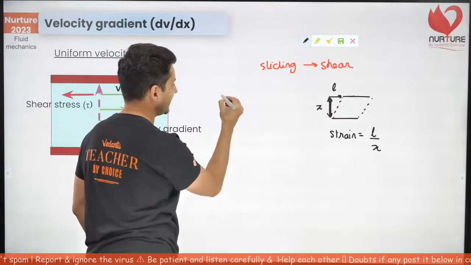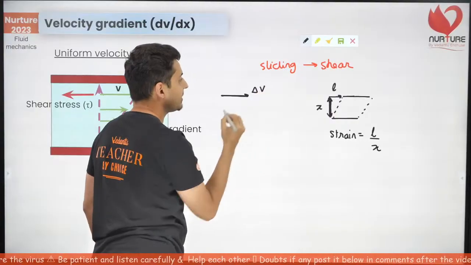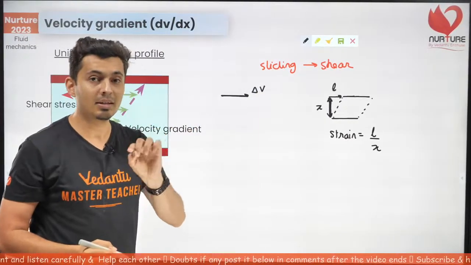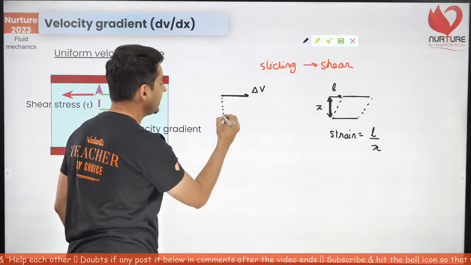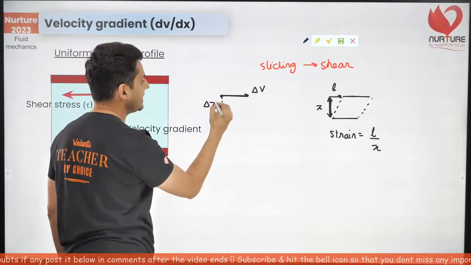Just think of it this way. The topmost layer moves with the relative velocity delta v. Delta v is not the distance, it's the distance moved per unit time relative to the lower layer, which is separated by a distance delta x.